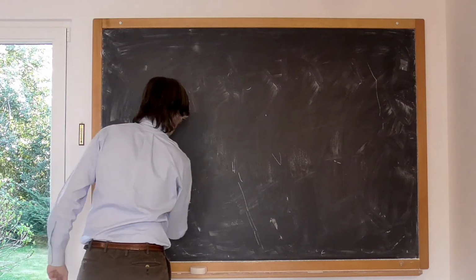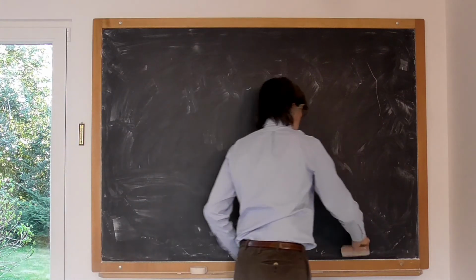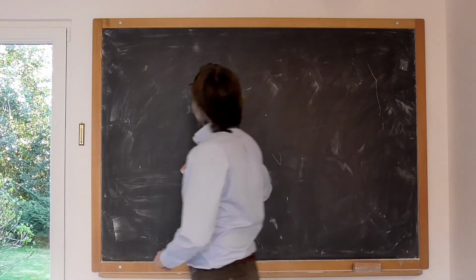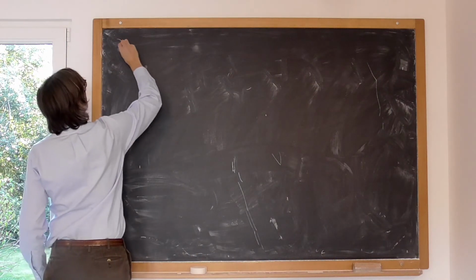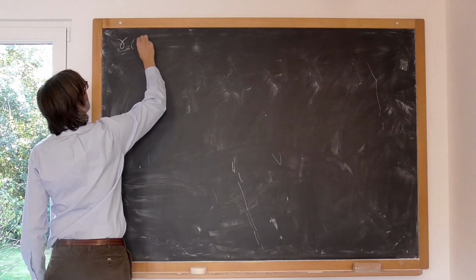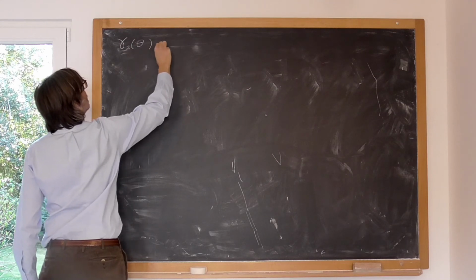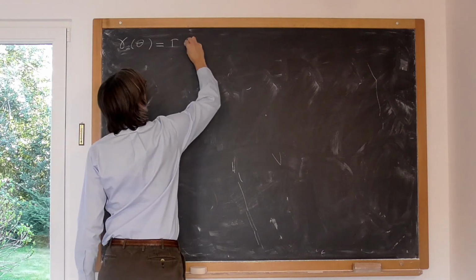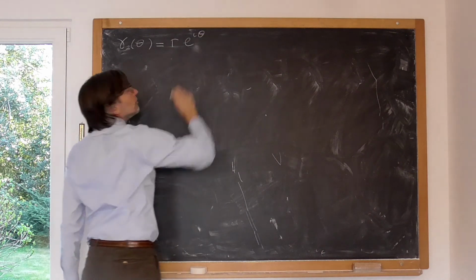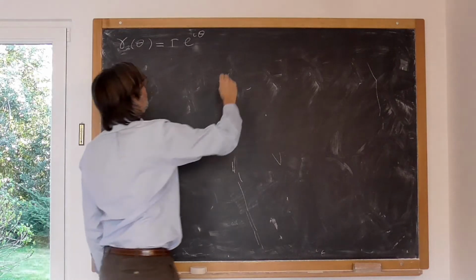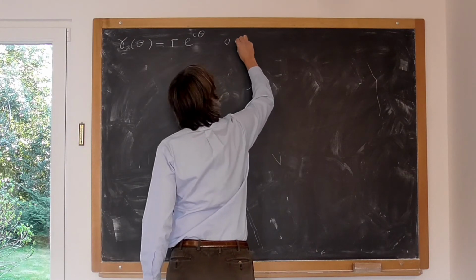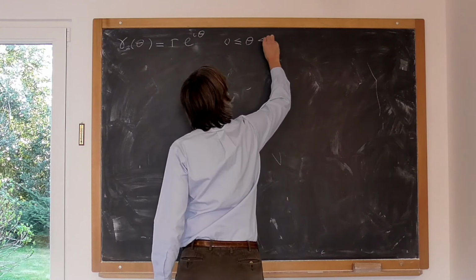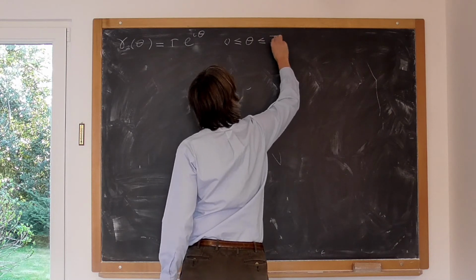So gamma 2 is this arc, it's an arc of a circle. Gamma 2 can be parameterized as gamma 2 of theta. The radius is r, and here we have e to the i theta, and theta varies between 0 and pi over 4.